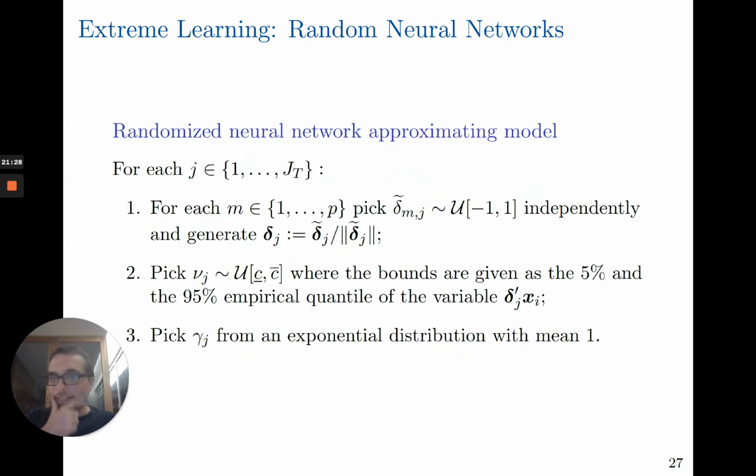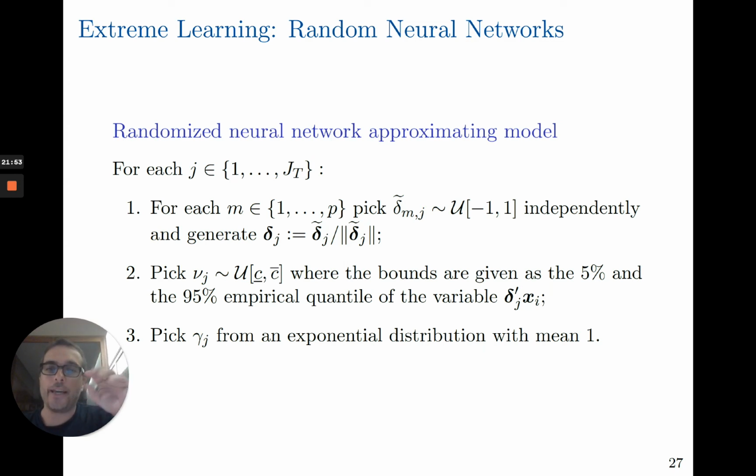So how does it work? For each unit, for each neuron, and each variable, I'm going to randomly pick a number delta from a uniform between -1 and 1 independently, and I'm going to construct the vector delta j.